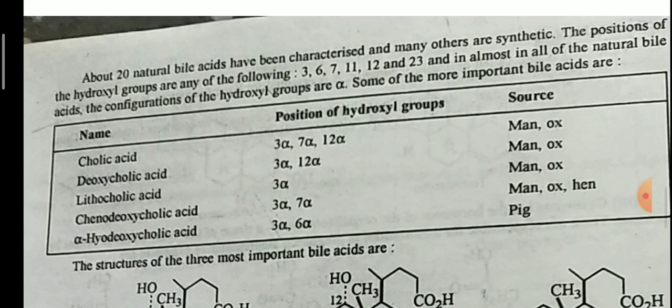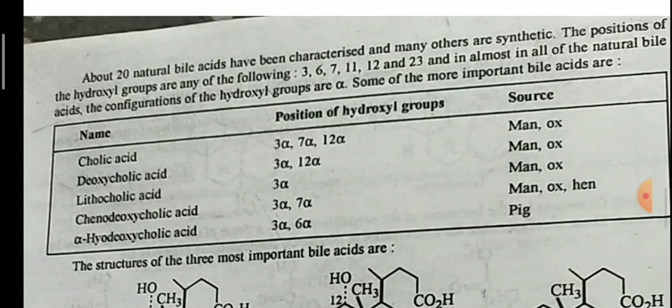Some of the important bile acids are cholic acid, position of hydroxyl groups 3 alpha, 7 alpha, 12 alpha, source man, ox. Deoxycholic acid, 3 alpha, 12 alpha, man, ox. Lithocholic acid, 3 alpha, man, ox. Chenodeoxycholic acid, 3 alpha, 7 alpha, man, ox, hen.